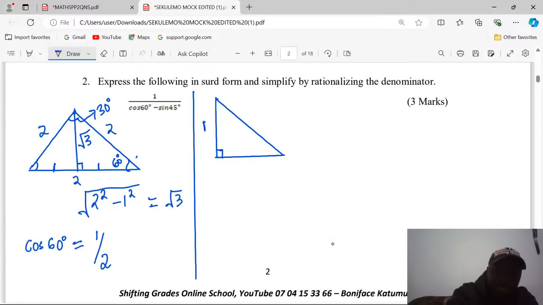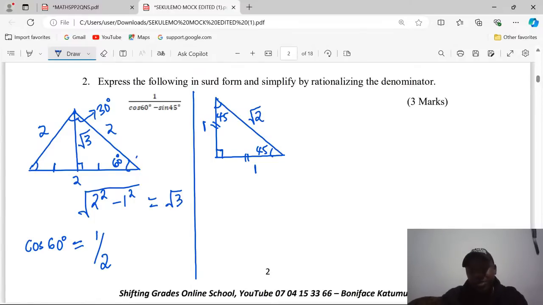We have 1 unit here, equal to this other one, which is also 1 unit. So the angles at this point will be 45 each. We get the hypotenuse from 1 squared plus 1 squared, the square root, so we find the square root of 2.